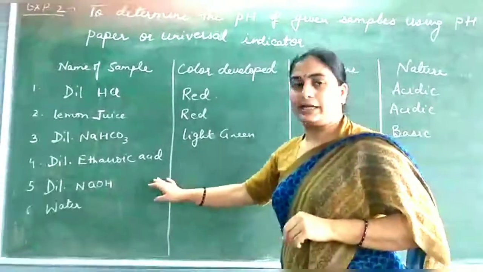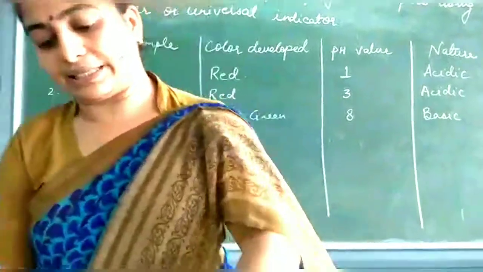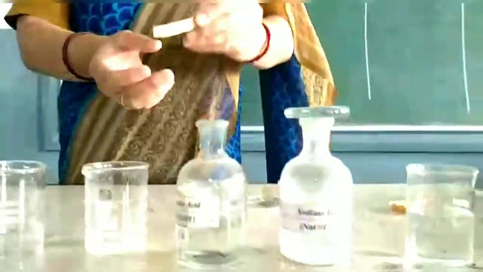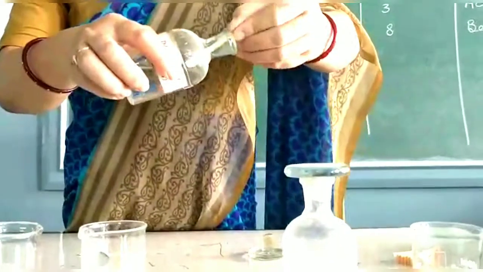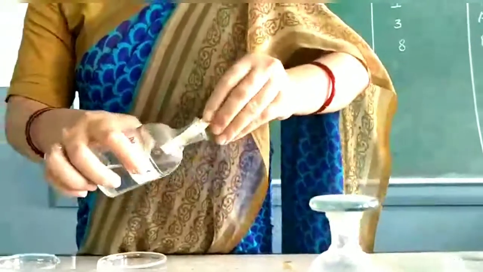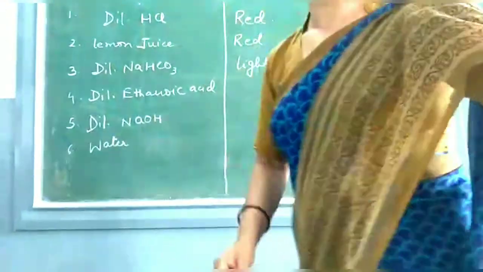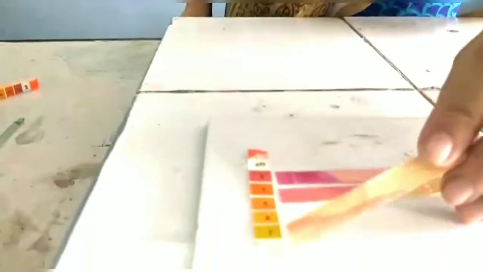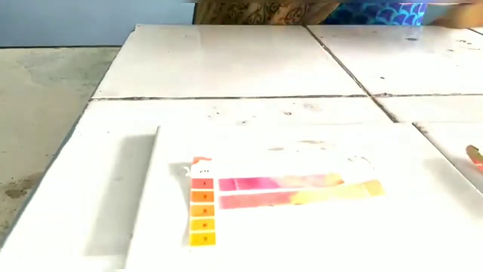Next we have dilute ethanoic acid. So dilute ethanoic acid means acetic acid. So I'll take this paper and dip it in the bottle of this ethanoic acid solution. If we transfer this to the test tube, it goes down, and you can see the change in color. I'll place it on the tile, and you will find that again it matches with pH 3.